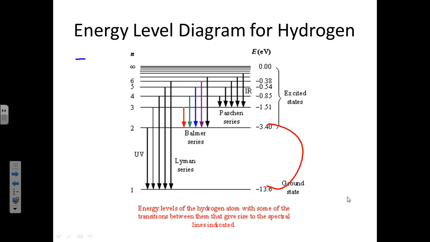So if we went negative 3.4 minus a minus, so plus 13.6, this difference from here to here is about 10.2. We could calculate the difference between here and there. So negative 1.51 plus 13.6, and that is 12.09.